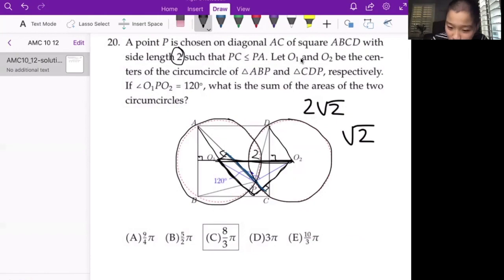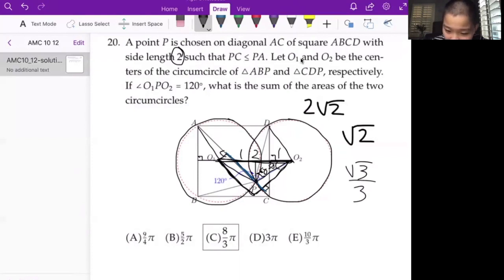So we know that O1, O2, the distance is 2, and then we know that there's a 120-degree angle right here. So we can just divide it into two 30-60-90 triangles, this being 60 and that being 30. So then this becomes 1, this is 1. So then this is 1 over √3, which is √3 over 3.